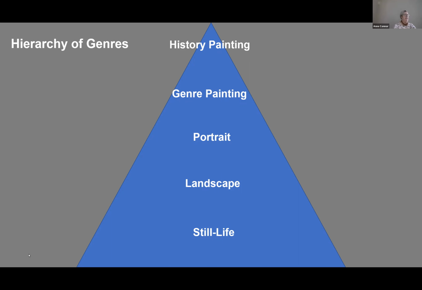You have landscape and still life, which are pretty close together at the bottom of the hierarchy, because the painters who were mostly painting those were considered unable to do history paintings. And so it was really a minor genre. And we'll see that it's very interesting.